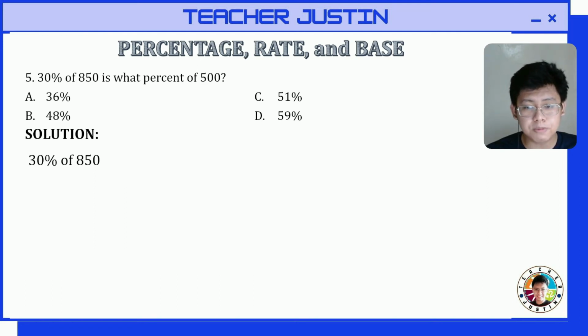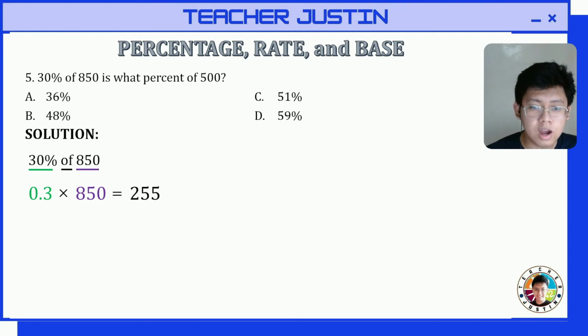So, yung 30%, pwede natin siyang i-convert to decimal to 0.3. Yung word na off, translate natin siya to multiplication symbol. And yung 850, kopyahin lang natin. 850. Now, let's multiply 0.3 times 850. That is equal to 255.